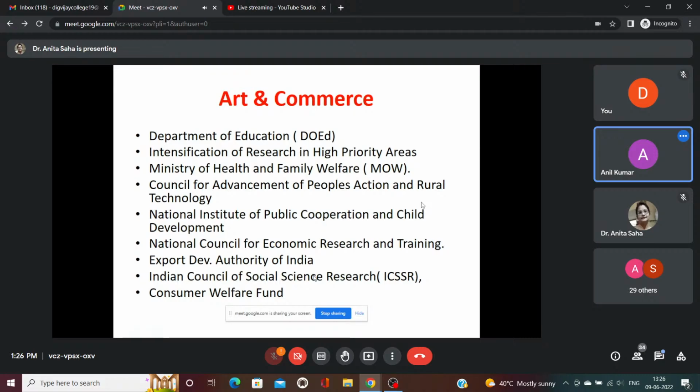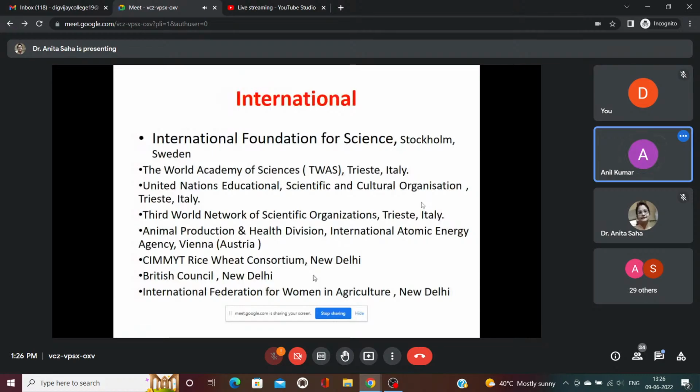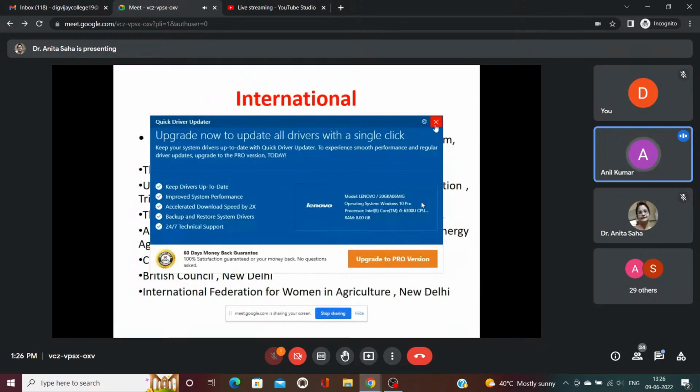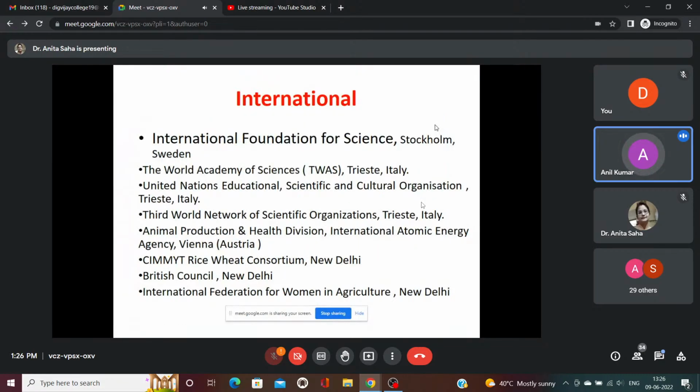Next slide, please. Yes. Now there are so many international organizations and international programs, and in these international programs you can apply for research funds. The most important is the International Foundation for Science of Sweden, then TWAS, the World Academy of Sciences, thereafter the United Nations Educational, Scientific and Cultural Organization, Third World Network of Scientific Organizations, Animal Production and Health Division, International Atomic Energy Agency, and British Council and others.